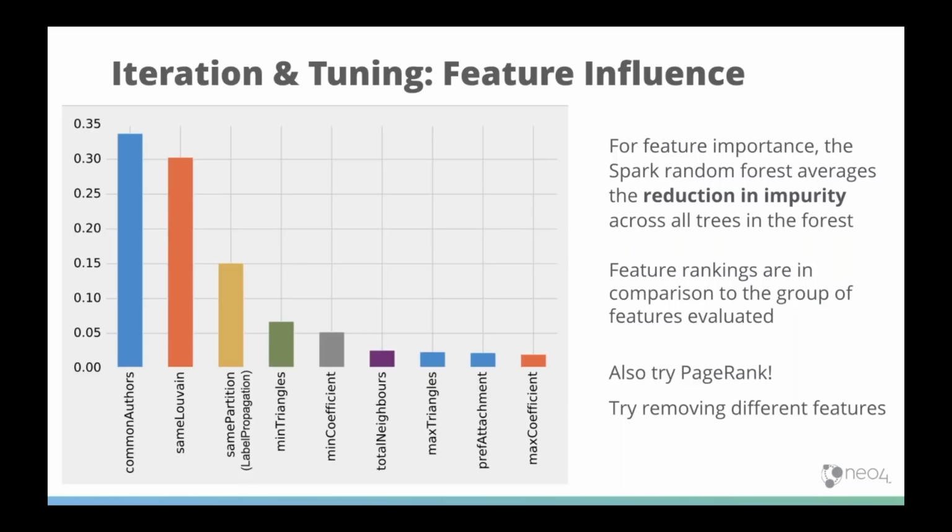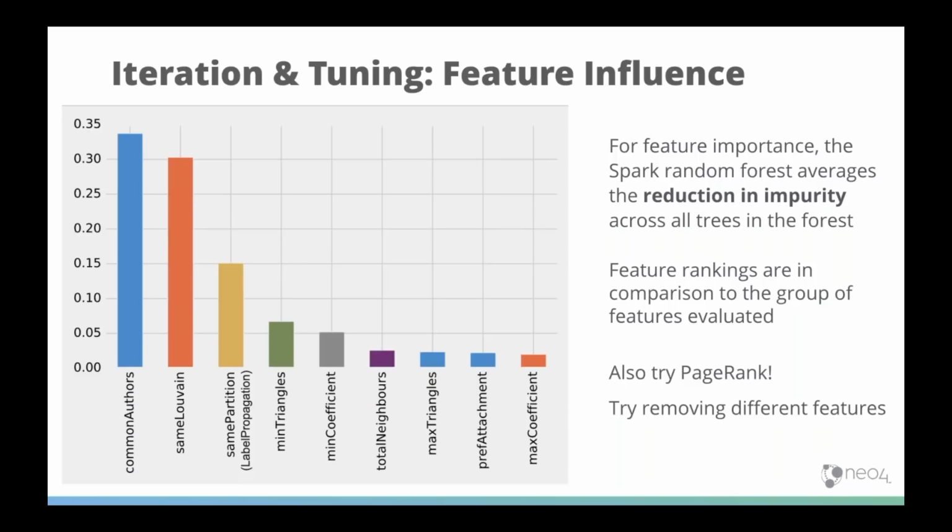So if you were to remove one feature, it would still normalize. Looking at this, you can see common authors was very predictive. But as we remember from the beginning, using just that only gave us about 86% accuracy. So not enough on its own.